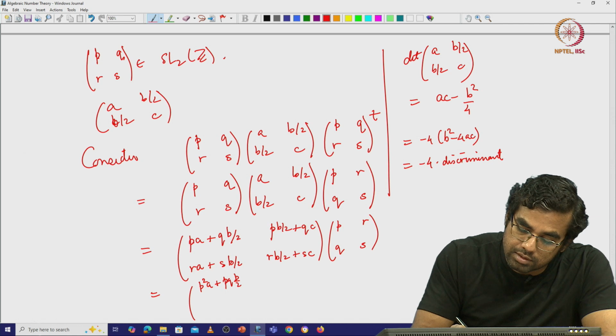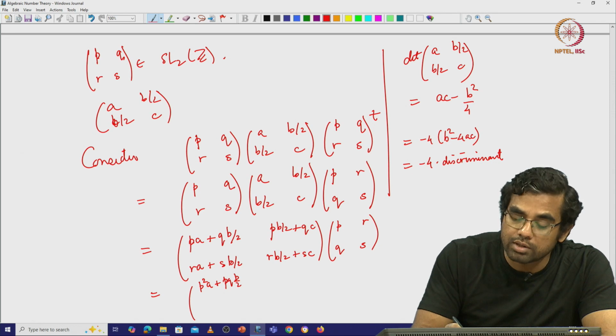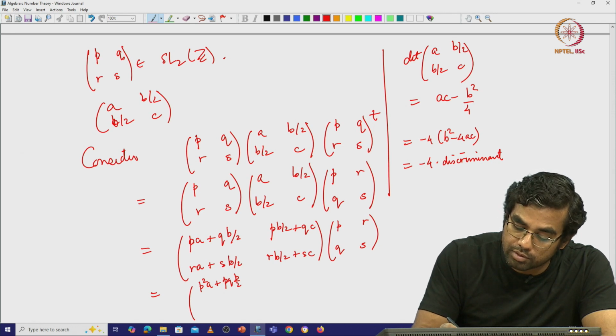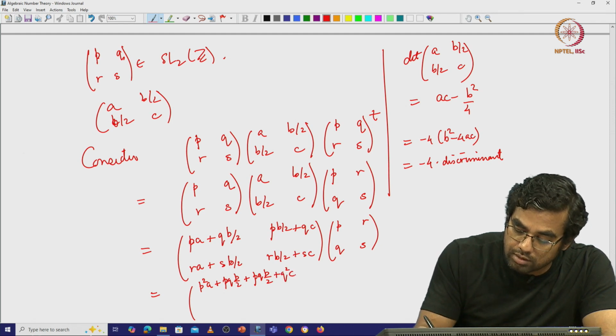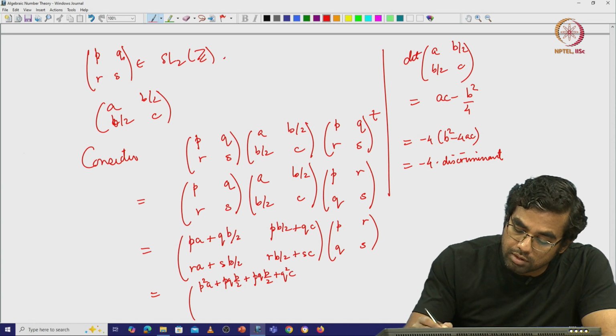Yeah, there is a better way of thinking about this, and I will tell you soon enough. Let me write it down. So plus pq b by 2 plus q square c, and then you keep on going like this.